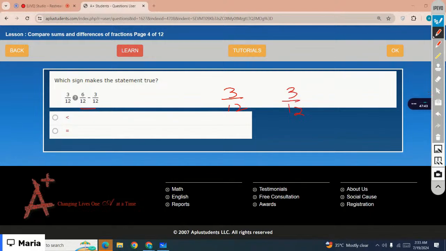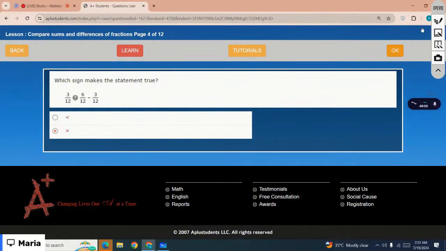So which is the correct option? They both are exactly equal, so the correct option is equal. Option number 2 is the correct option.